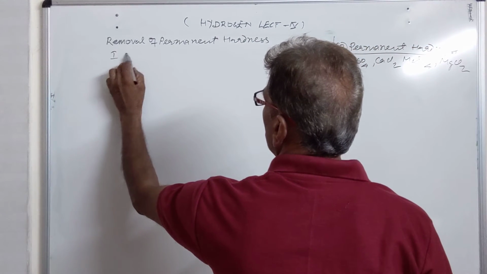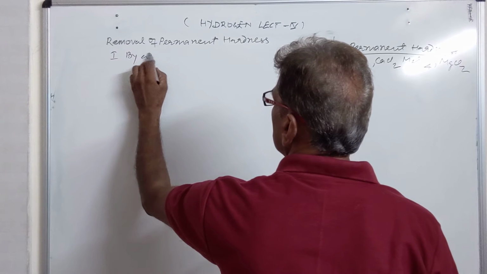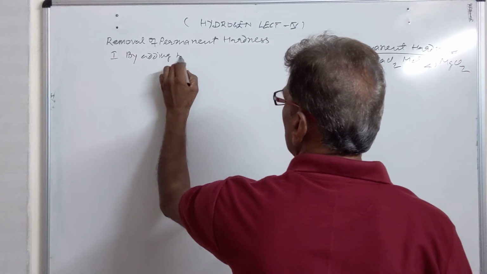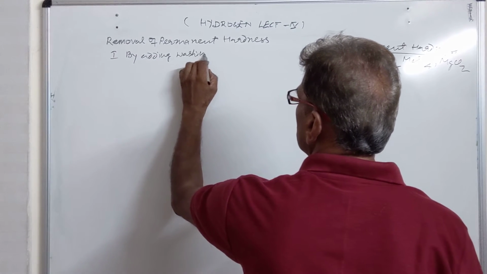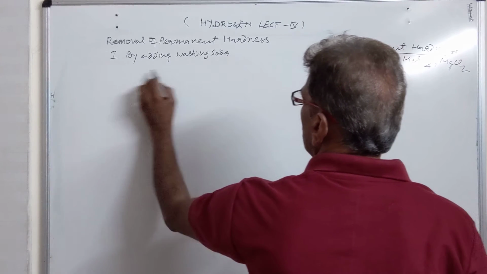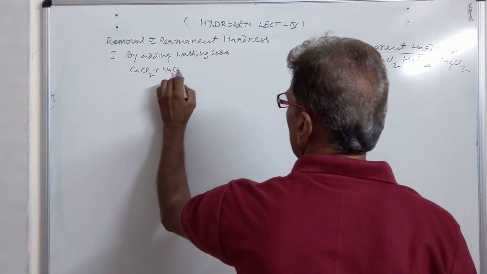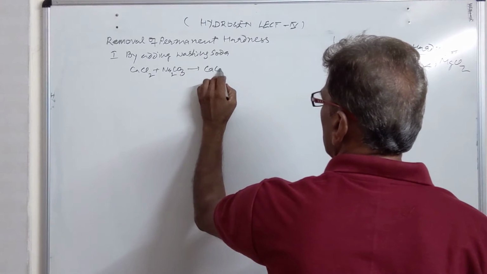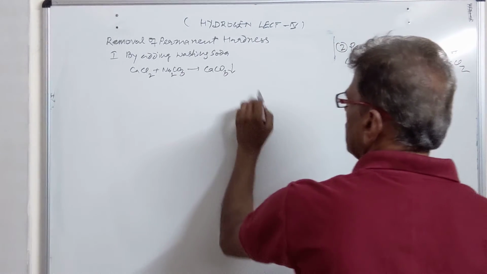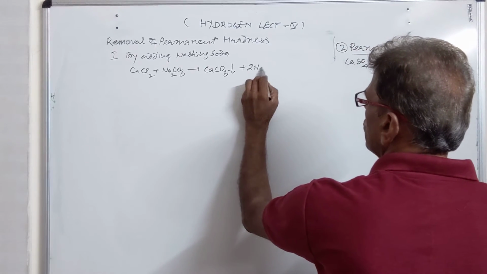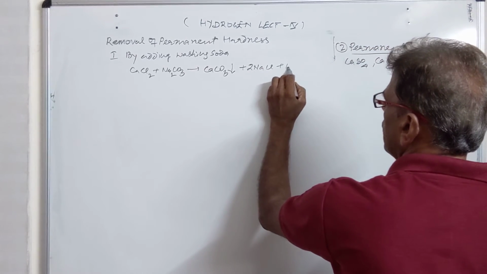Number one, by adding washing soda. So we add washing soda, that is Na2CO3. It will convert calcium into calcium carbonate, which settles at bottom, plus sodium chloride plus water.